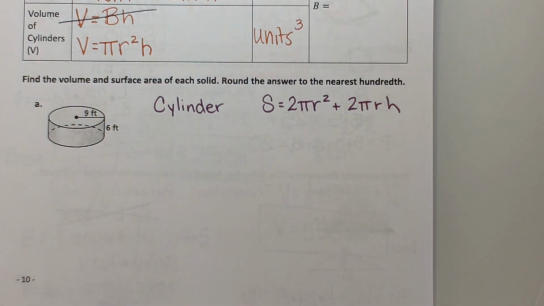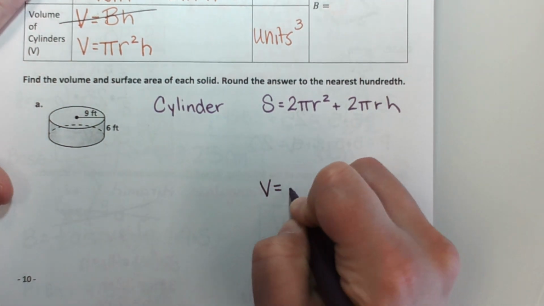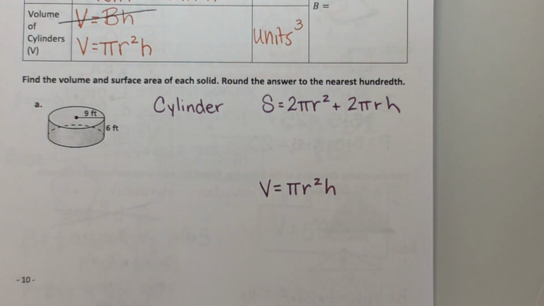It's an ugly looking formula, but it's actually one of the easiest ones to use because you don't have to calculate anything first in order to go into it most of the time. There's one tiny exception and we'll talk about that. Volume, pi r squared h. Again, one of the easier formulas because you don't have to calculate anything ahead of time. As long as you know r and as long as you know h, you're golden with these ones.